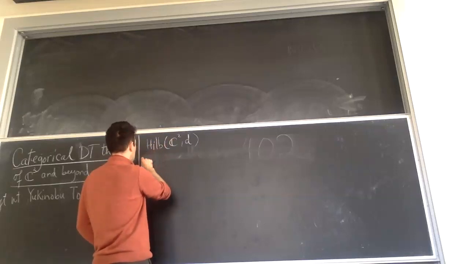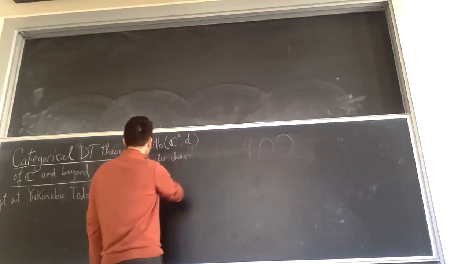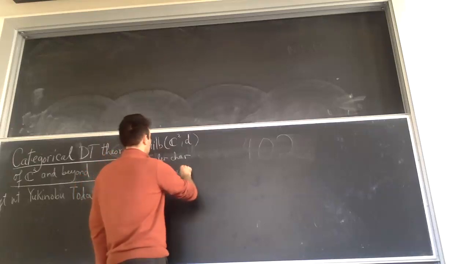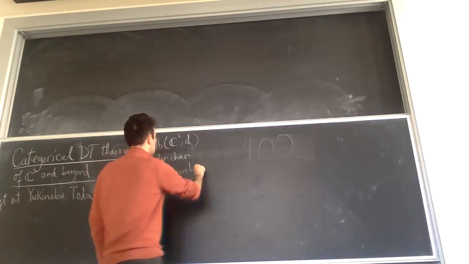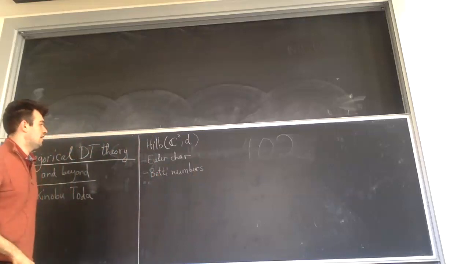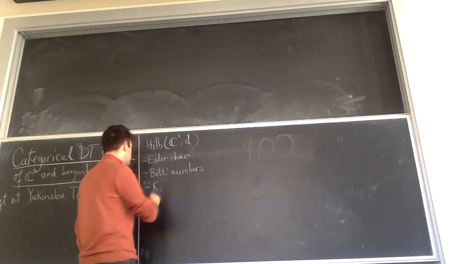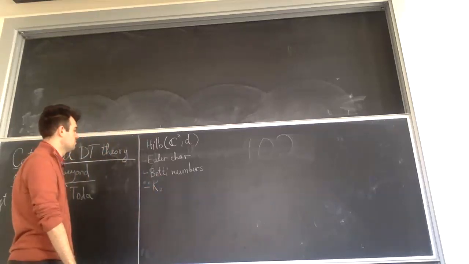Last time we saw how to compute the Euler characteristic, and then I said some words about how one can compute the Betti numbers using this Bialynicki-Birula cellular decomposition.